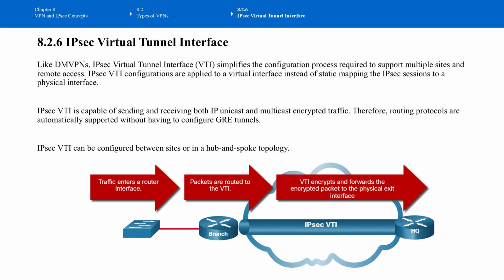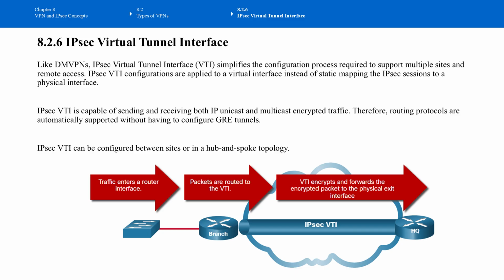Like DMVPN, the IPsec virtual tunnel interface, the VTI, simplifies the configuration process required to support multiple sites and remote access. IPsec VTI configurations are applied to a virtual interface instead of the static mapping of IPsec sessions to a physical interface.